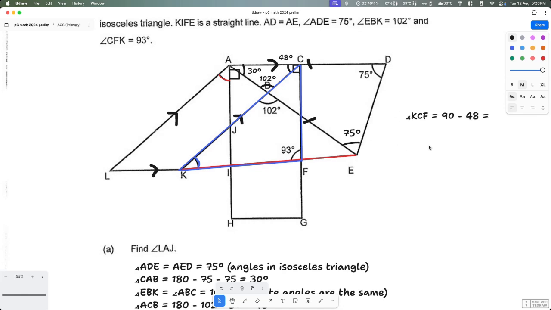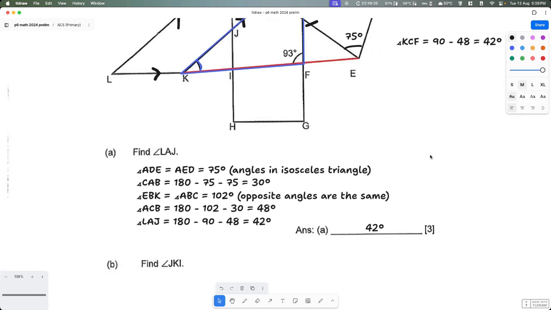So that means this is equal to 42 degrees. That's what you see over here. So this angle over here will be 42 degrees. I'm going to put this in purple. Now we also know that this angle is 93 degrees. So we can find the final one, which is angle JKI.